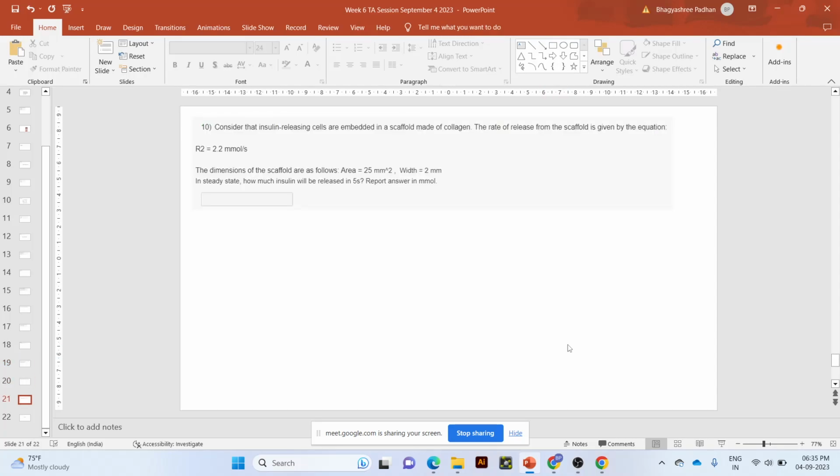Okay, now last question. This is a numerical question. Consider that insulin releasing cells are embedded in a scaffold made of collagen. The rate of release from the scaffold is given by the equation R2 equals 2.2 millimole per second. The dimensions of the scaffold are as follows: area equals 25 mm square, width equals 2 mm. In a steady state, how much insulin will be released in 5 seconds?